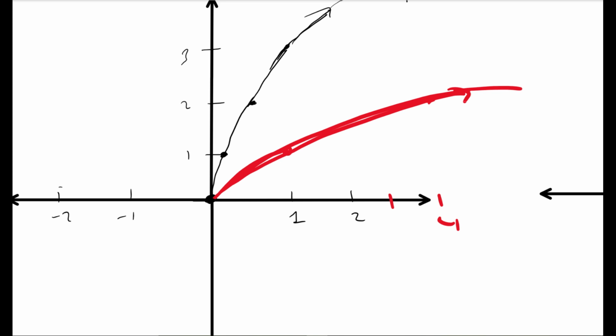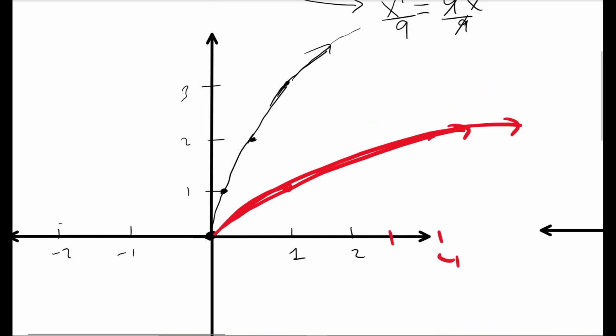Okay, so this is how the normal parent function looks. It's kind of hard to tell with these points, but it kind of grows like this, right? And it goes like that.